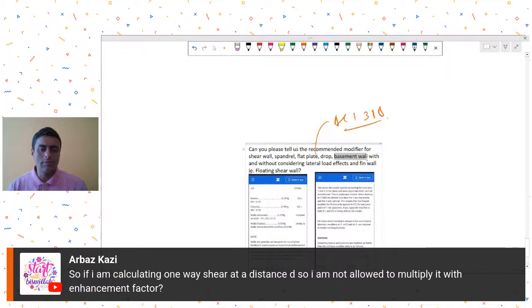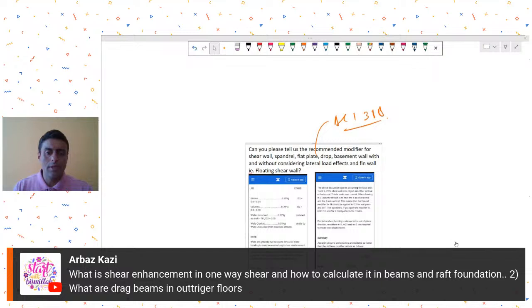IS 16700 also does not give a separate modifier for basement walls, and there is no distinction made as to with and without lateral loads. The only distinction that has been made is whether you are checking for limit state of serviceability or limit state of collapse. So as per that you can take the modifiers. Okay.